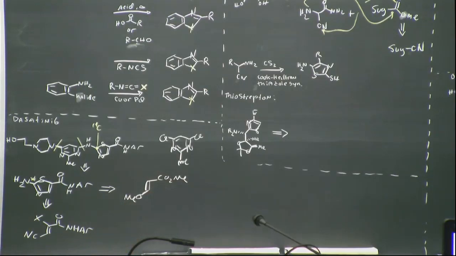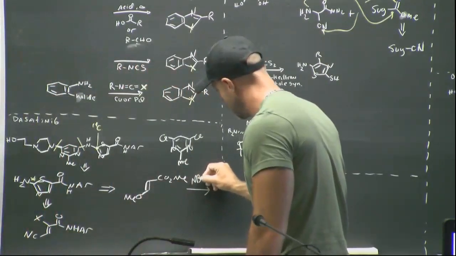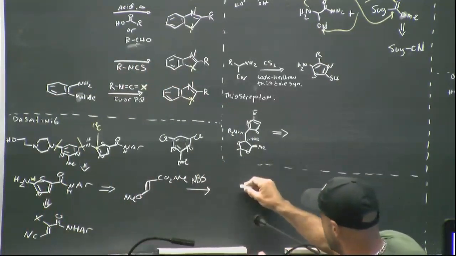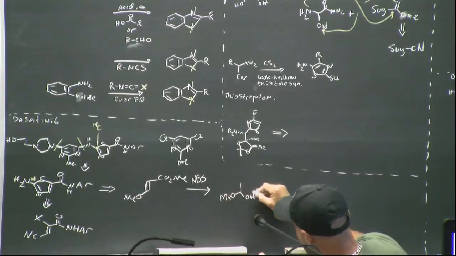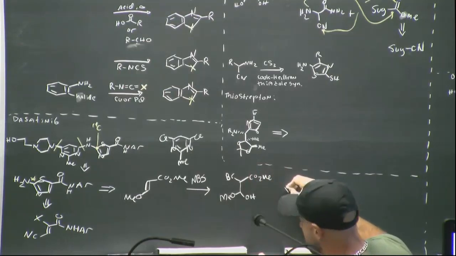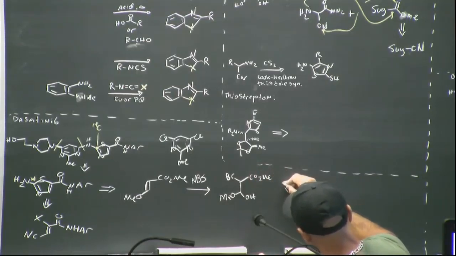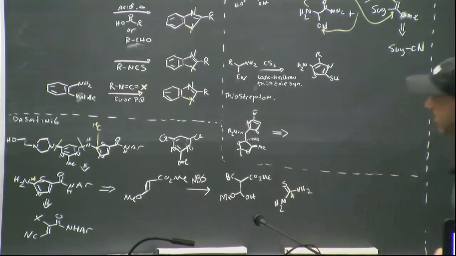So if you take that simple starting material and you treat it with NBS, the product you get in situ... we've got our 1-carbon radio-labeled unit.